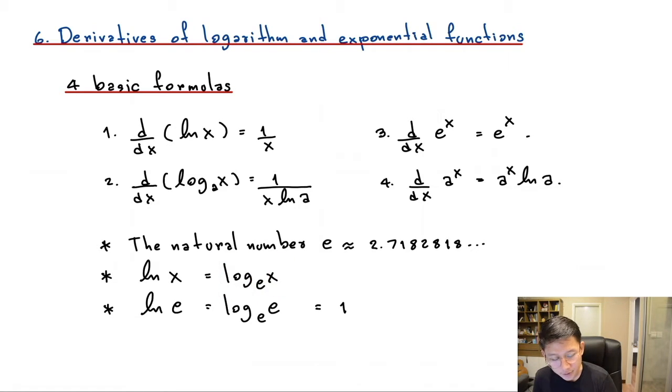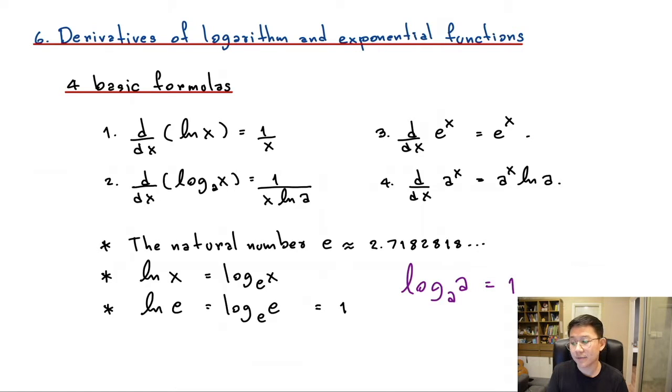And guys, don't forget, log e is 1. Why? Because log e is log e base e, and from high school we have that log of a base a is 1 for any a, right?